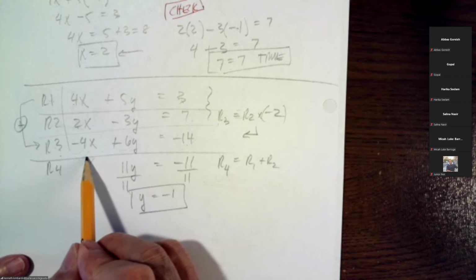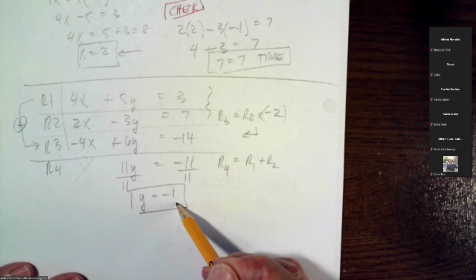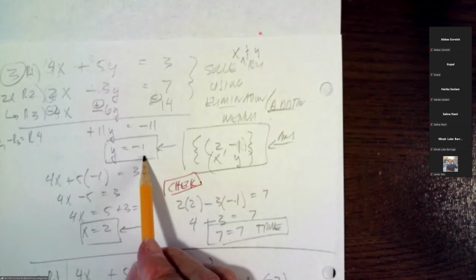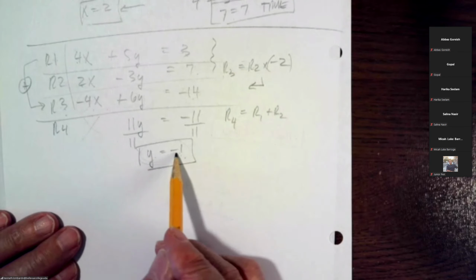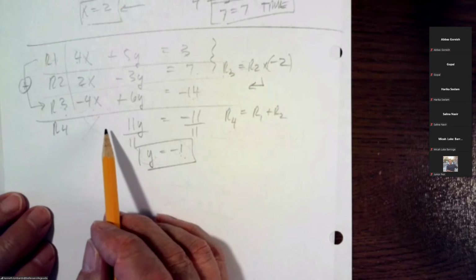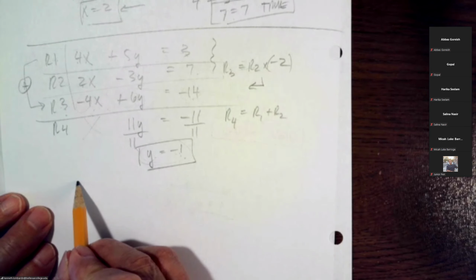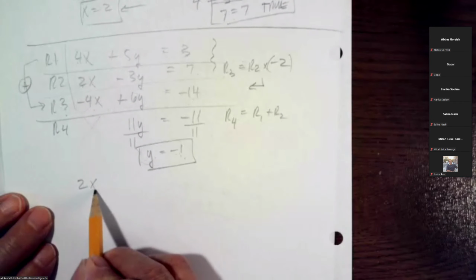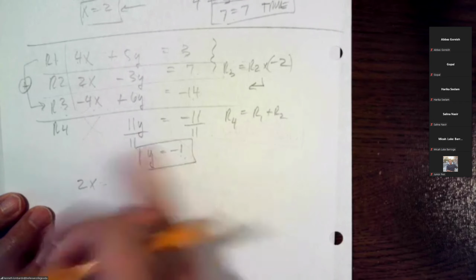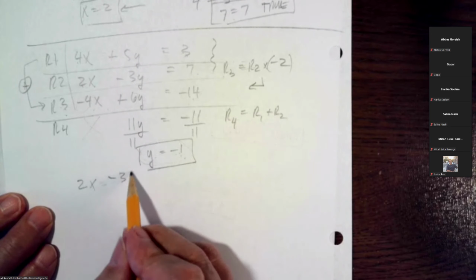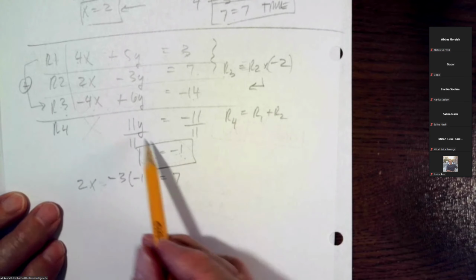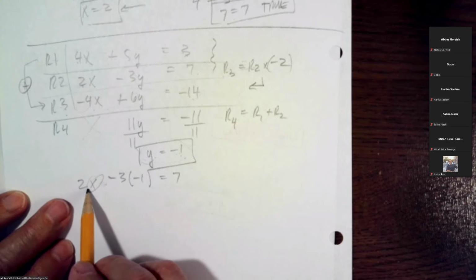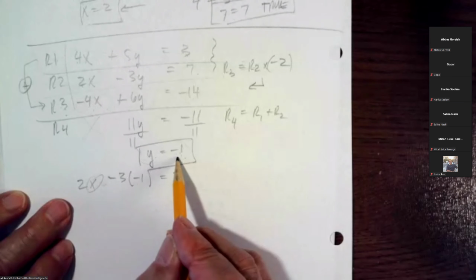Okay, so I eliminated the x variable, solved for y, which is what I did up here. So I know what the y value is. Now I can just substitute this y equals -1 into one of these equations. So if I say equation 2, 2x minus 3 times y, which I've just solved for, y is -1, equals 7.